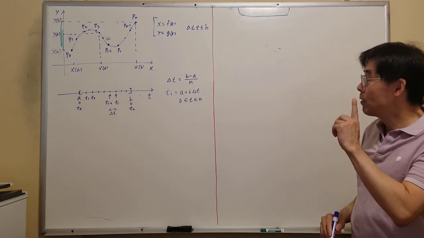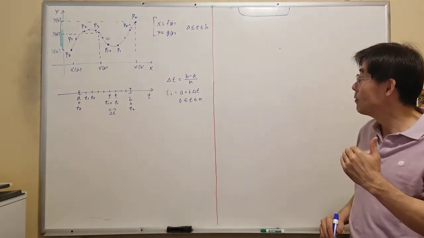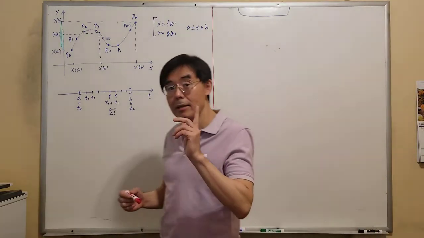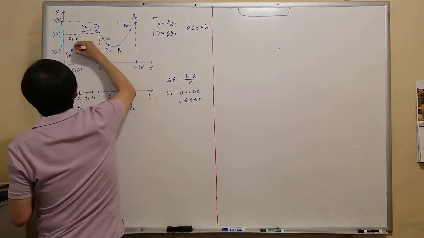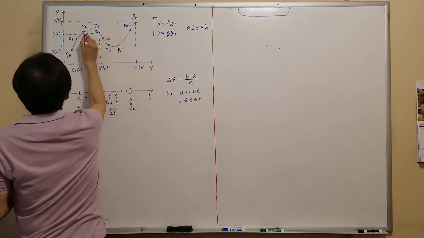We want to find a first approximate value of the arc length by measuring the length of each line segment connecting these points.